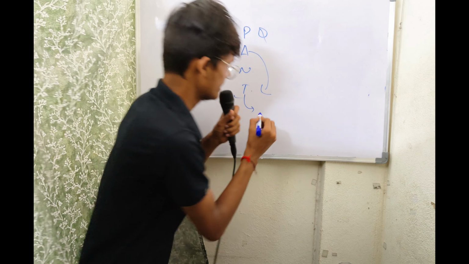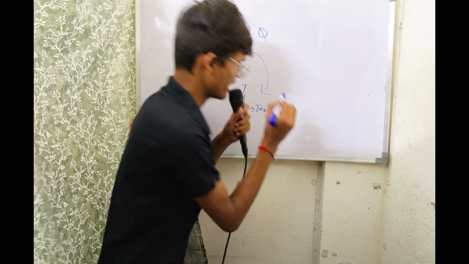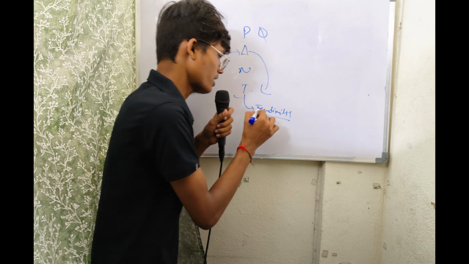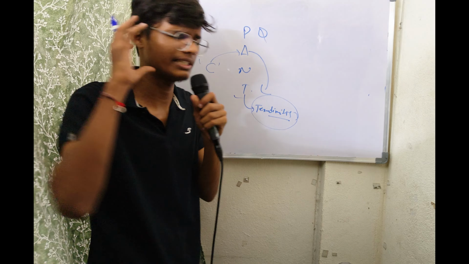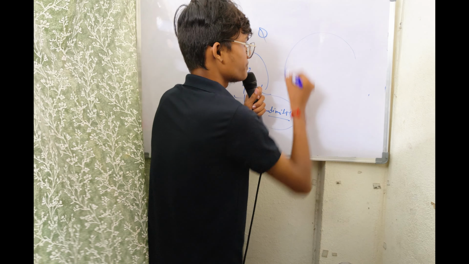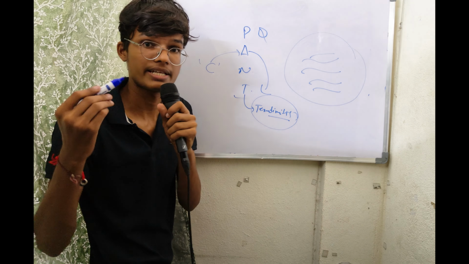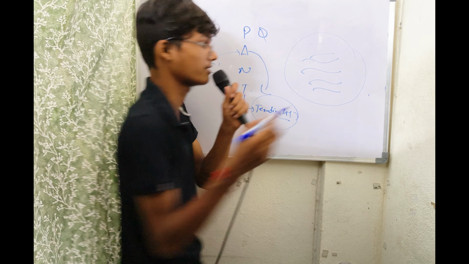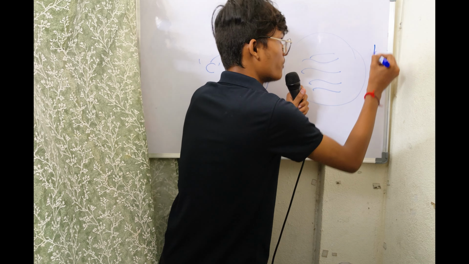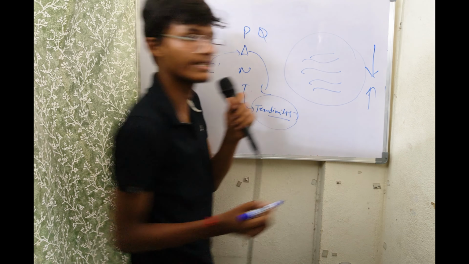For T, it is tendinitis. What actually is this? If I explain the whole mechanism behind it, you will remember it keenly and never forget. See, these are the collagen fibers. What happens in patients taking ciprofloxacin? The synthesis of collagen is decreased and the degradation of collagen is increased.